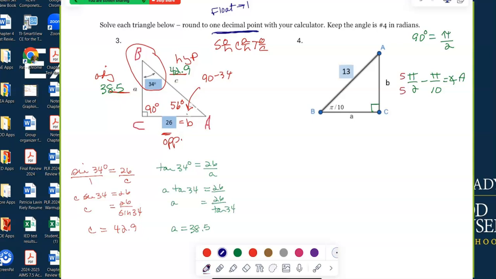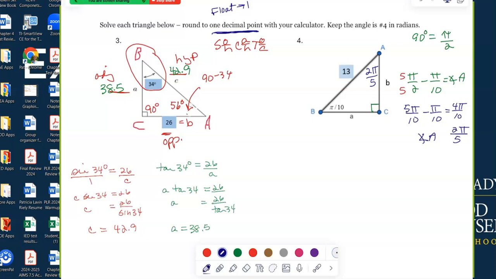Okay, that gives me 5 pi over 10 minus pi over 10, which is 4 pi over 10, which reduces to 2 pi over 5. And that's what angle A is, and that's what I mean by keeping it in radians. Don't put that in your calculator.